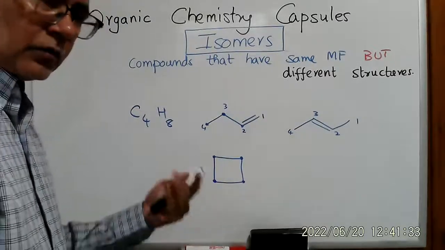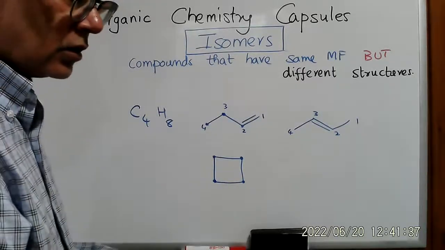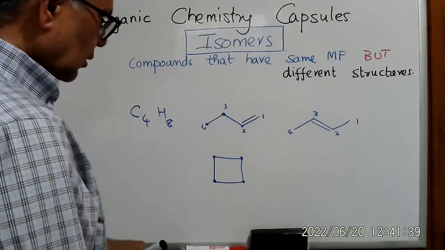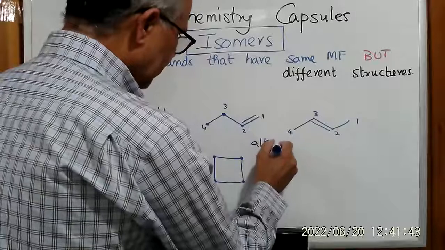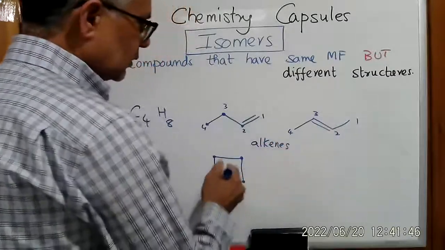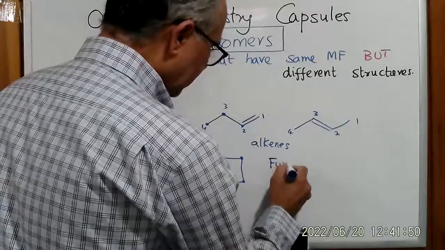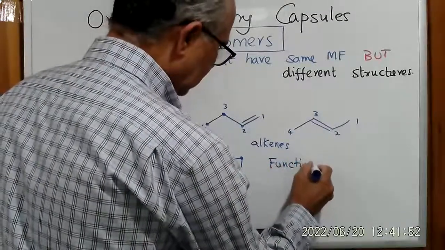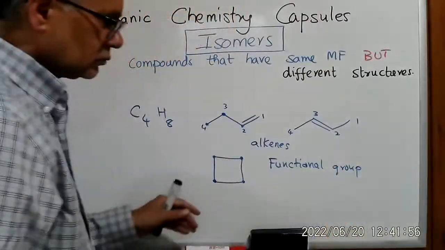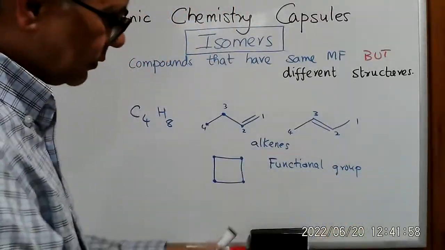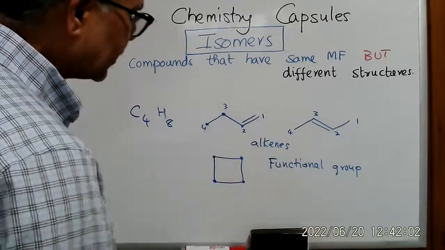We have not talked about functional groups as such so far, but here we are saying compounds with double bonds, or alkenes. So the functional group is the double bond. The name denotes that it has a function in the structure.